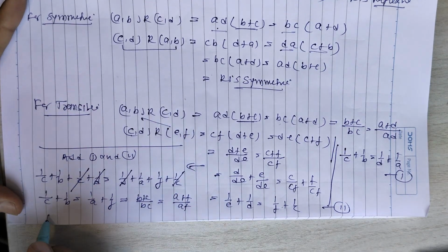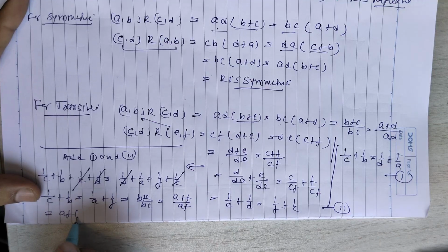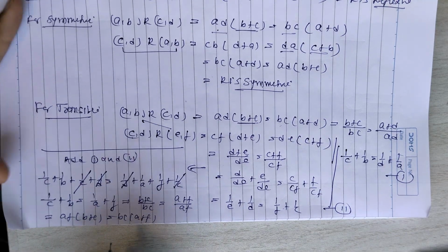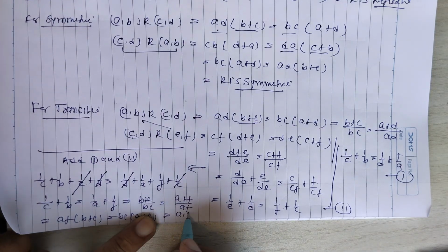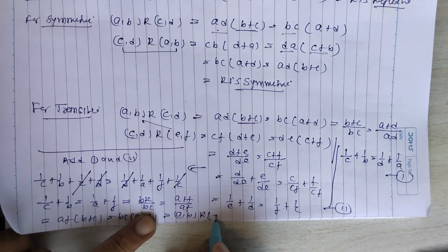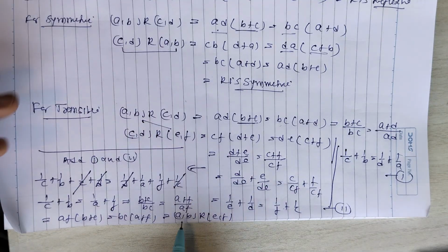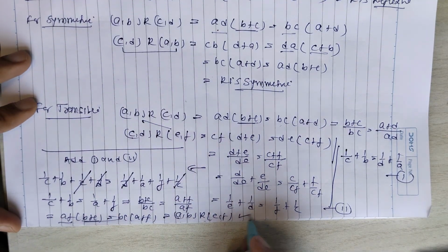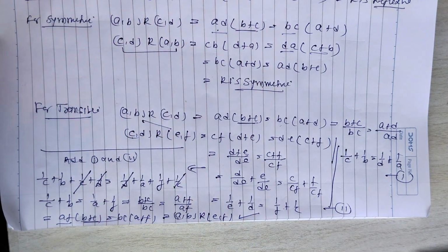Cross multiplication: AF into B plus C and BC into A plus F. Yes, it becomes AB related EF. Clear? First into fourth and second plus third. So it is transitive. Therefore, we can write it is an equivalence relation. So practice all these questions, and after a few days you will become a master of relations and functions.